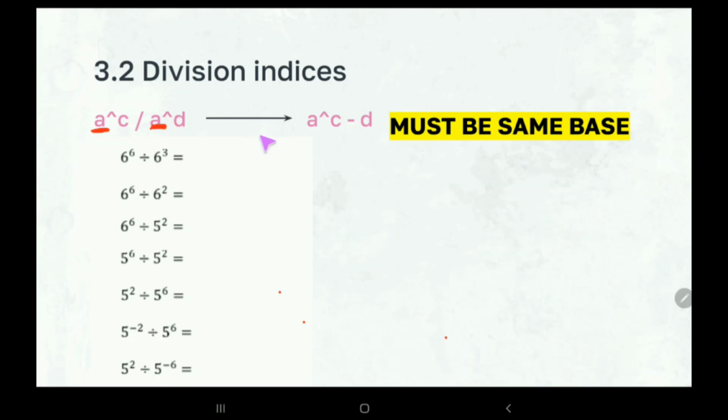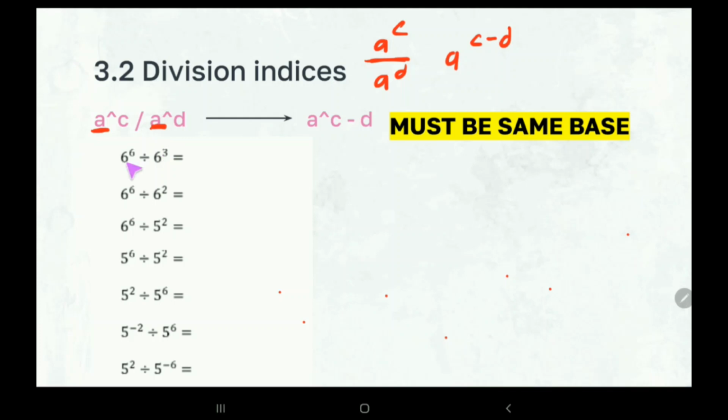So if we have a to the power of c divided by a to the power of d, sometimes it will not be written as this or as this, it will be written as this. And just like the law, we have to subtract, c minus d, since we have a as the common base.